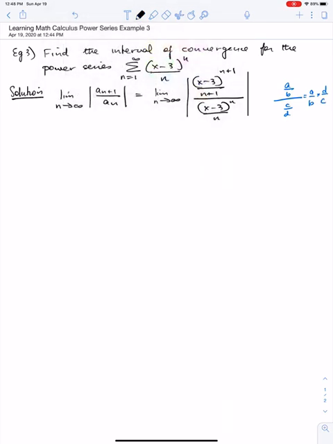So we write this as the limit as n tends to infinity of (x minus 3) to the n, times (x minus 3), all over n plus 1, and then start over n in the numerator there, times (x minus 3) to the n.